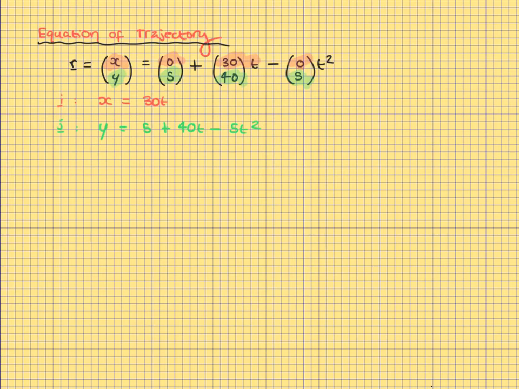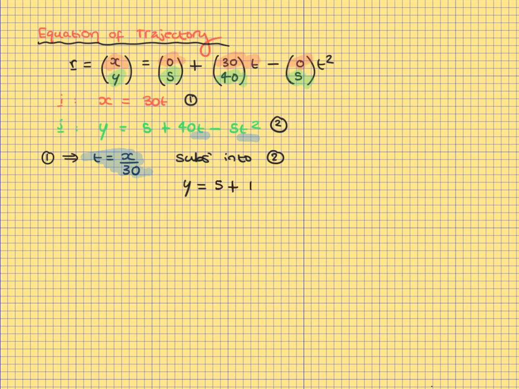Now, we are asked to provide a Cartesian equation, so as we've been doing previously, we will start by rearranging the simpler equation for t in terms of x, t equals x over 30, and we will substitute this into the equation for y. So y equals, and then at every point where there's a t, we will replace that with t in terms of x instead.